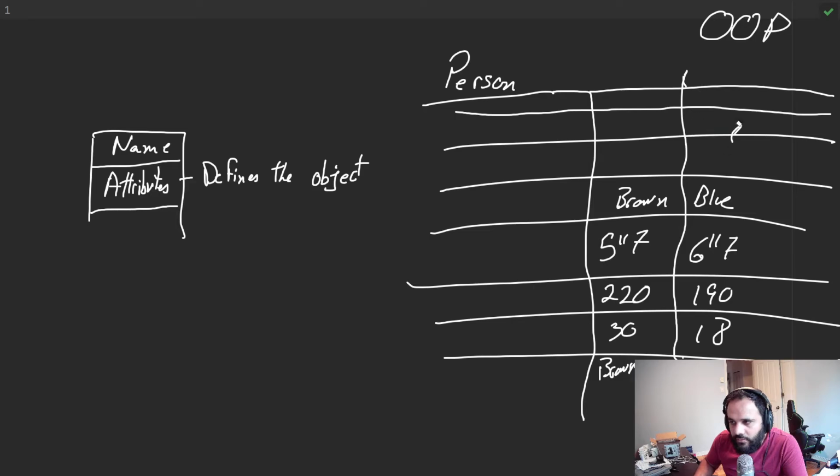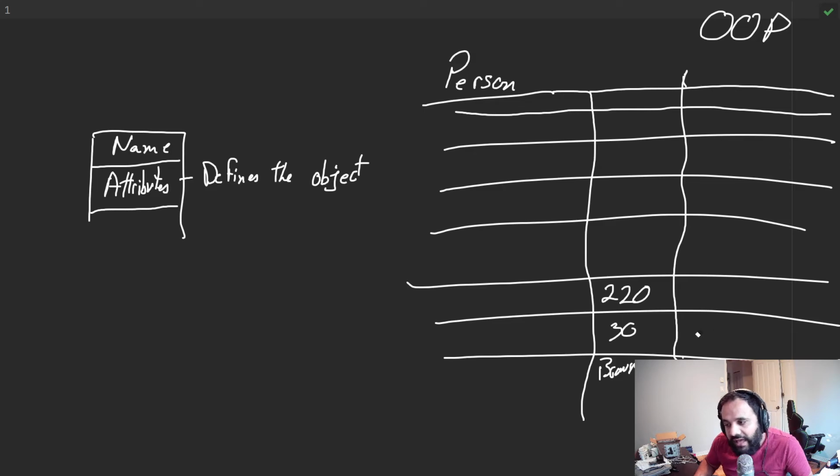So if you were to think about a person, well, we already talked about how he has all these attributes, but what can a person do? So let's go and specify that. So as a person, I could, I don't know, I could jump. I could learn.